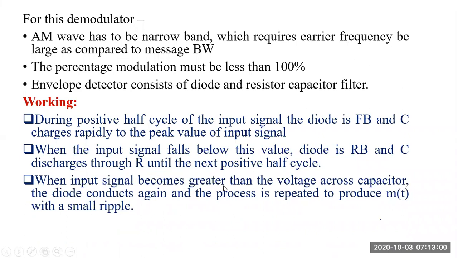When the input signal becomes greater than the voltage across the capacitor, which means the voltage at the anode of the diode is more than the voltage at the cathode, the capacitor being at the cathode, the diode conducts again, and the process is repeated to produce the shape of the message, but with a small ripple.